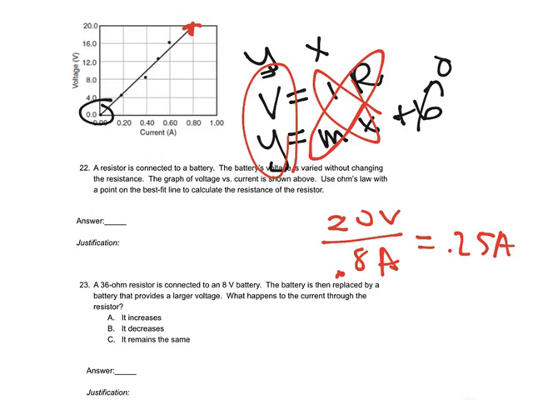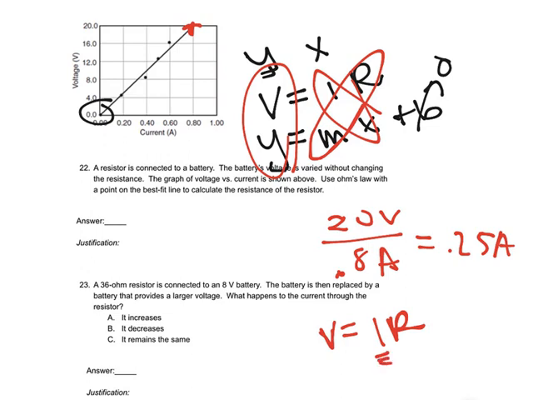Alright, and then we have next one, a 36 ohm resistor connected to an 8-volt battery. The battery is then replaced by a battery that provides a larger voltage. What happens to the current? Remember, we said that no matter what I do to my battery, my resistance isn't going to change, and vice versa. No matter how much I change my resistors, my battery, my voltage provider, isn't going to change.